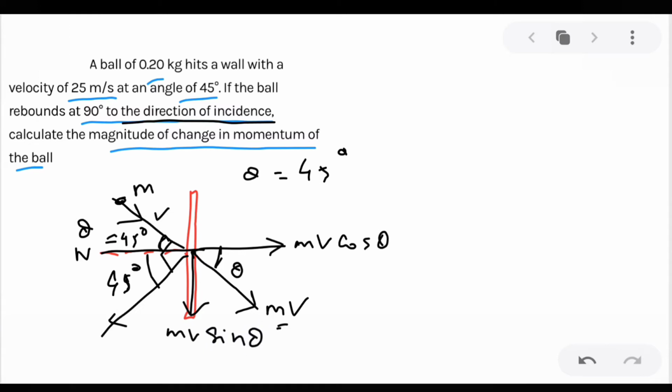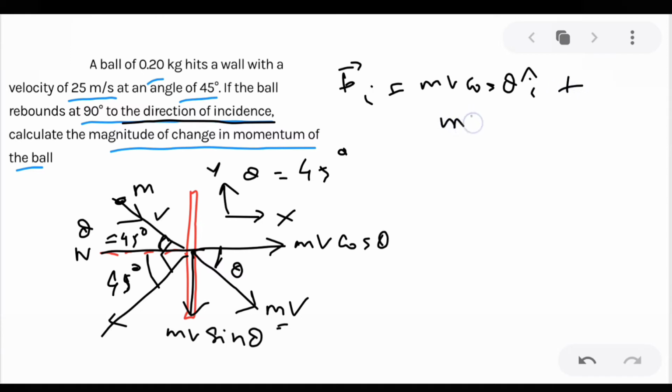If we take this direction as the positive x-axis and this direction as the positive y-axis, then I can write the initial momentum pi equal to mv cos theta i cap plus mv sin theta minus j cap.